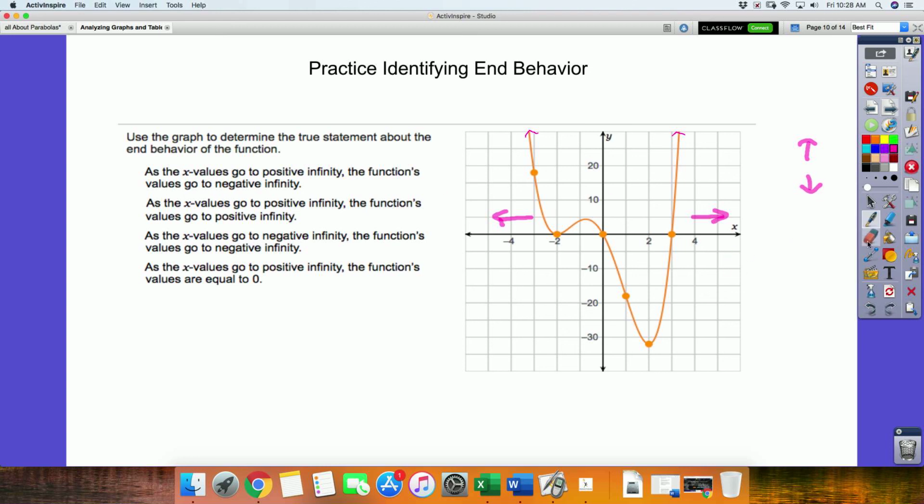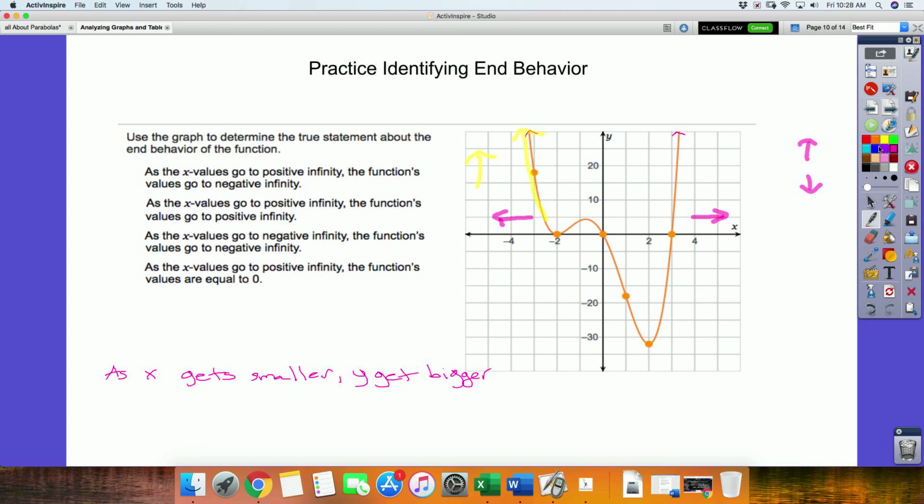So if I look this way, here's my x's. They're going to the left slowly. And I can see that as my x's are going this way, my y's are going up. So that means as x gets smaller, my y's get bigger.